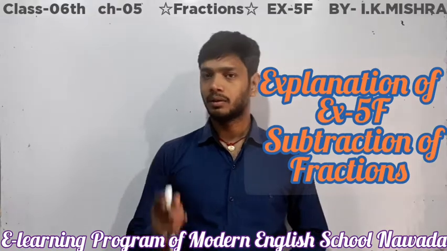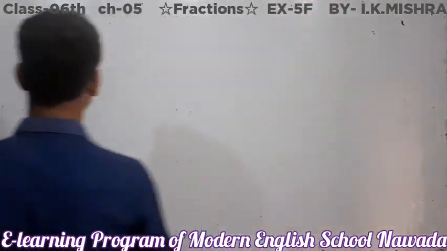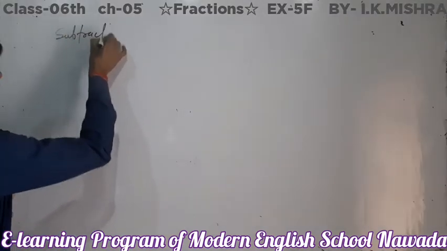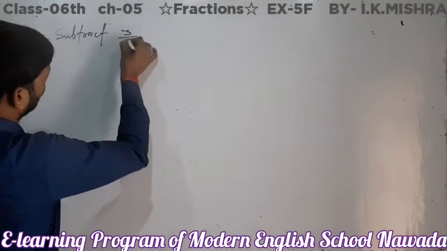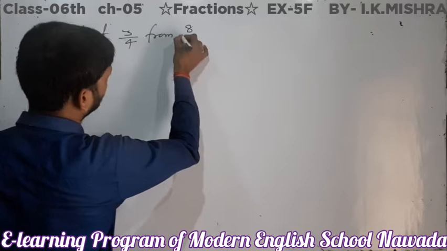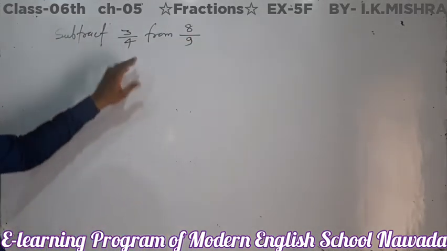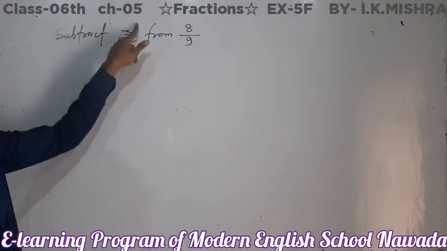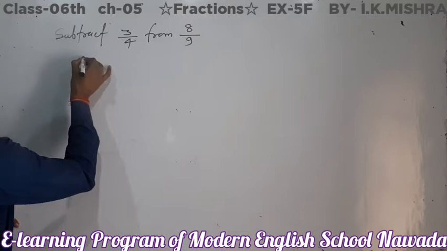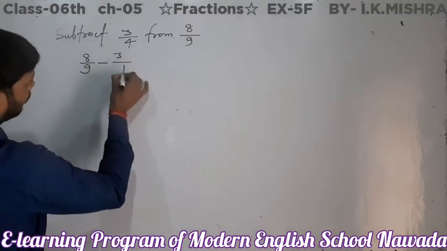Suppose here, subtract 3 by 4 from 8 by 9. You have to subtract this fraction from this, so it will be written as 8 by 9 minus 3 by 4.